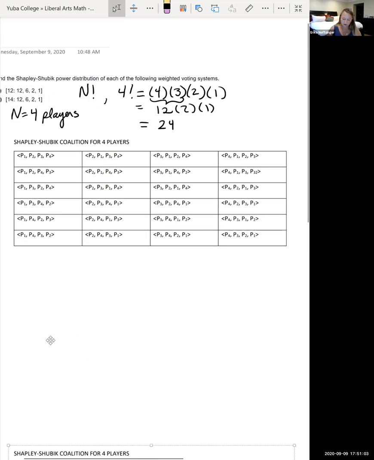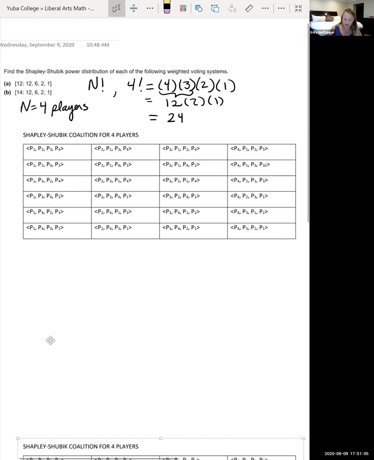So let's talk about this first coalition, where you need 12 votes to be winning. Notice that player 1 has 12 votes. So if they're the first player, they pass it, no doubt.